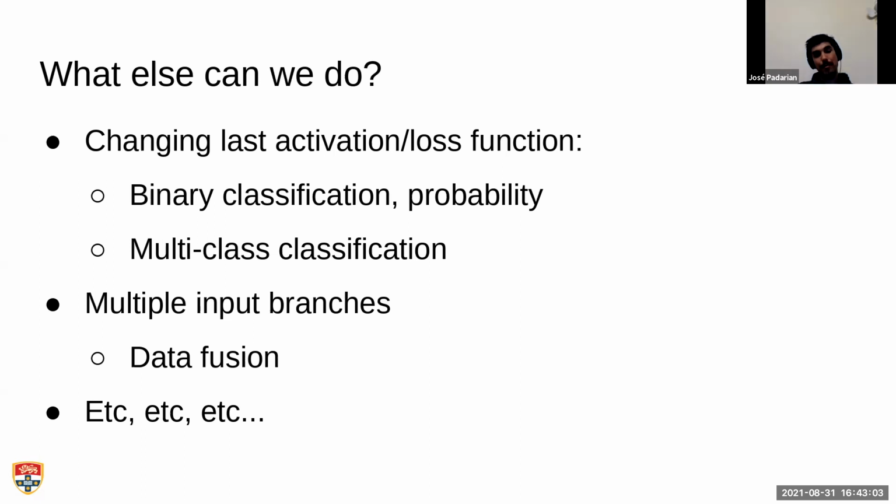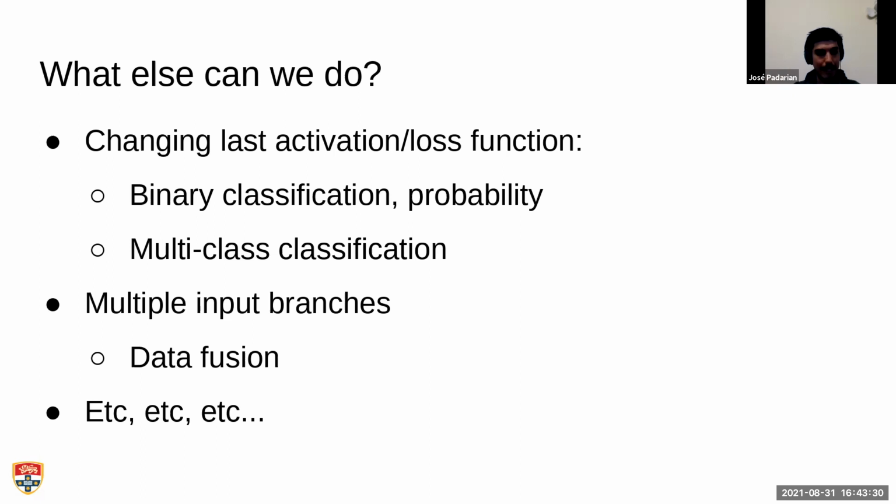I showed you as well multiple predictions, but we can also have multiple inputs for a neural network, so we can do data fusion. We've been doing that with Willem as well, trying to get information from time series from stations with water levels, and combine that with remote sensing, for instance.